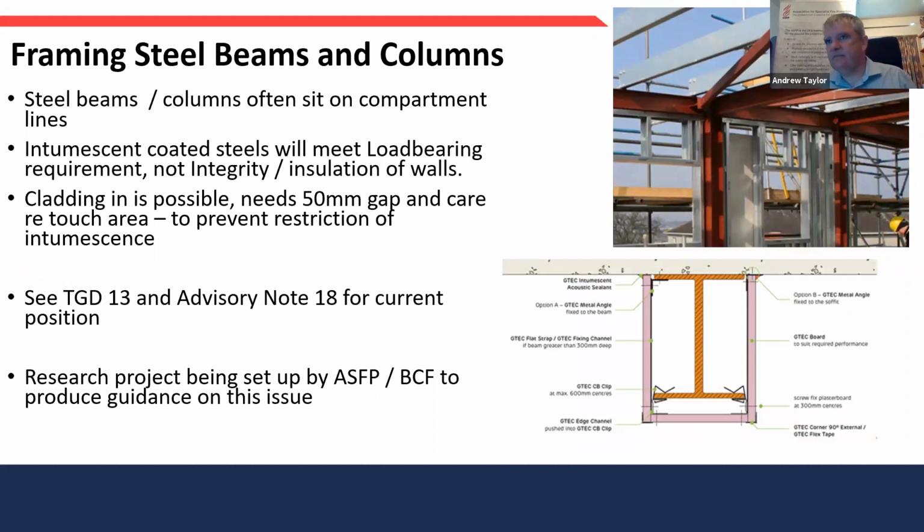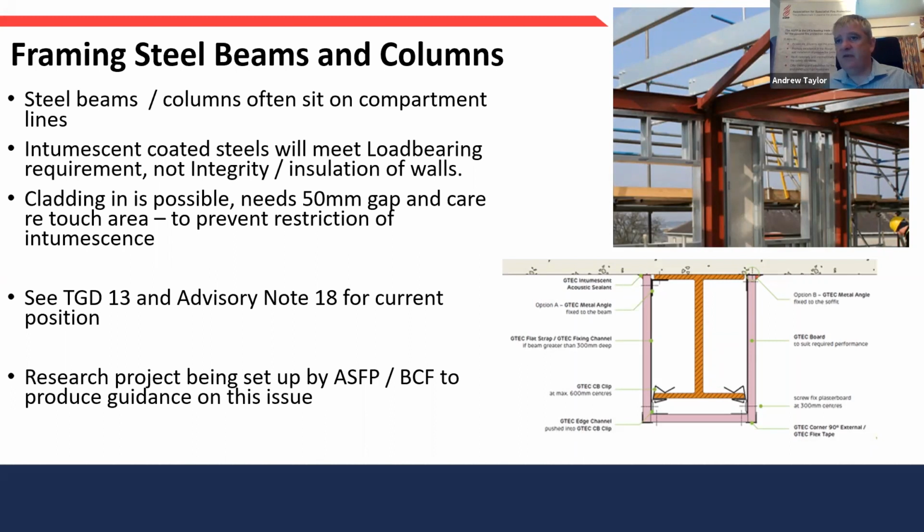Framing beams and columns, and we've mentioned that there's an advisory note on this at the moment, and technical guidance document 13. So intumescent coated steels often meet load bearing walls, and obviously intumescent steel gives you the load bearing requirement, but it doesn't give you the integrity and insulation requirement that you see of separating elements.